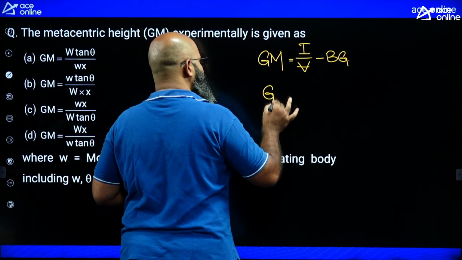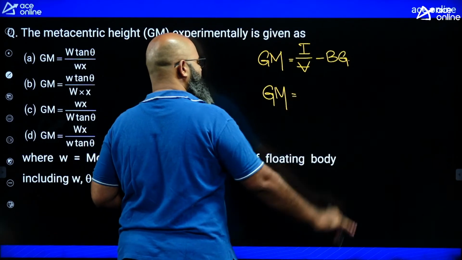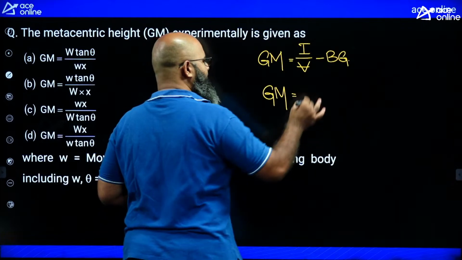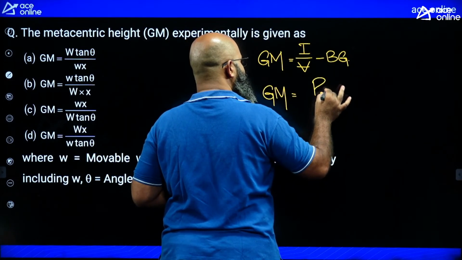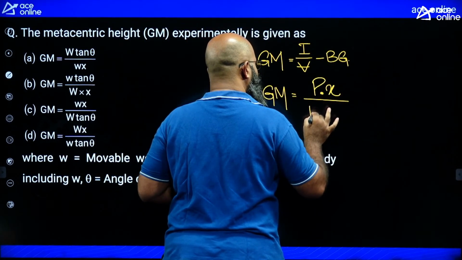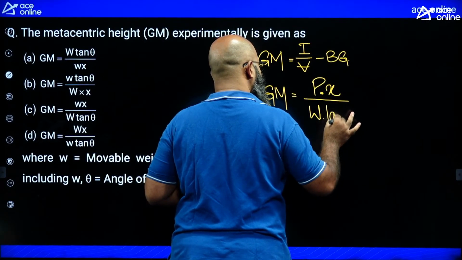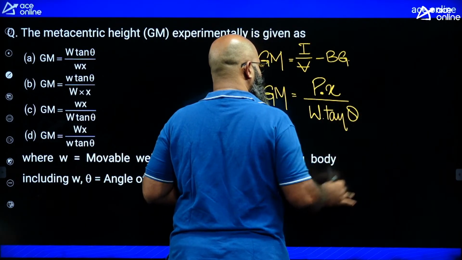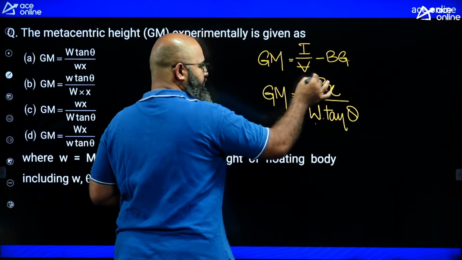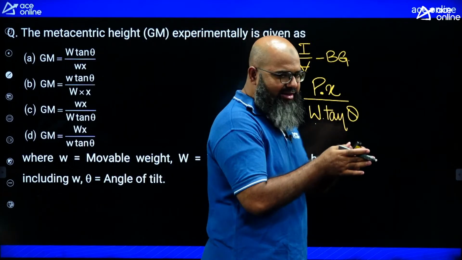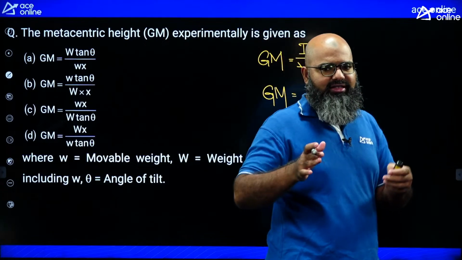Another formula for GM, which is identified using the experiment, is P times X upon W times tan theta. W is weight of ship, P is weight of a load, X is the distance by which you are displacing the load.